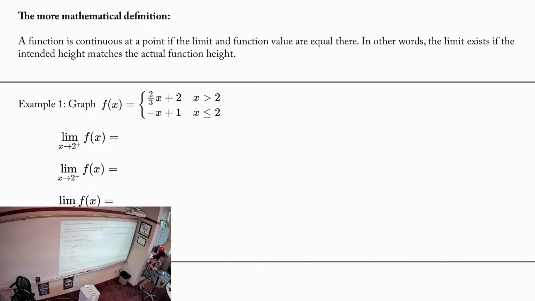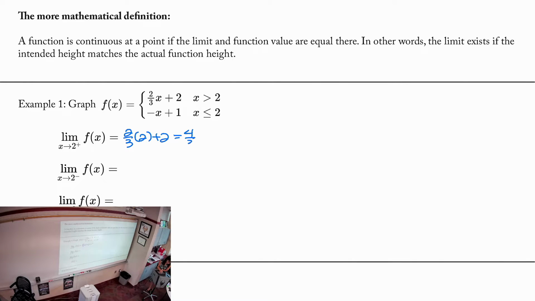Okay, so we look at the limit as x approaches 2 from the positive side. That is your 2/3 x plus 2. So you plug in your 2 for your x.